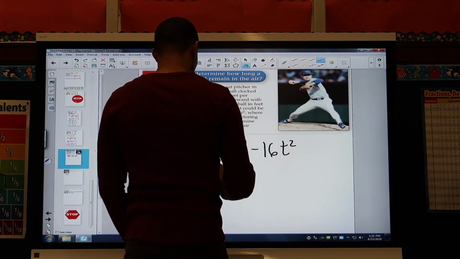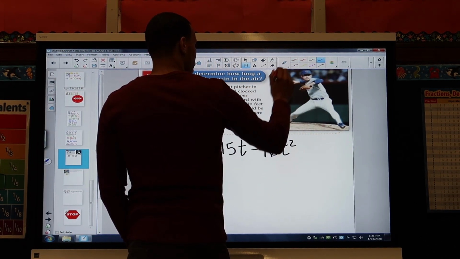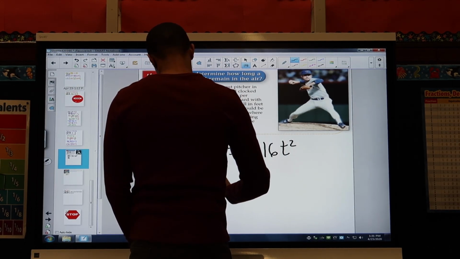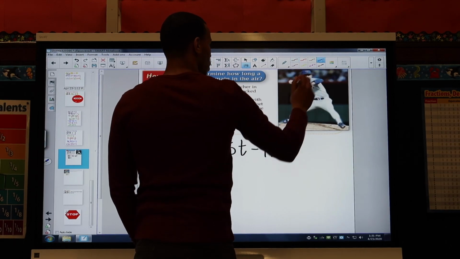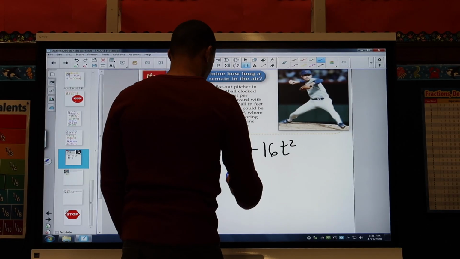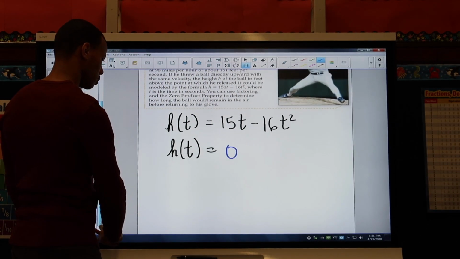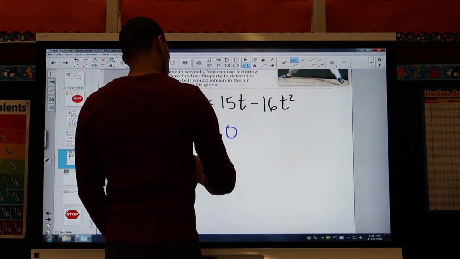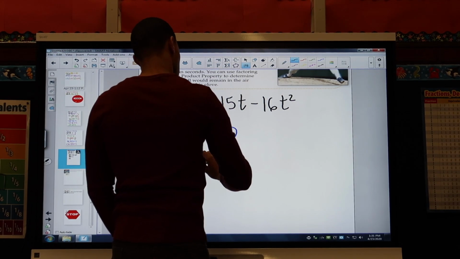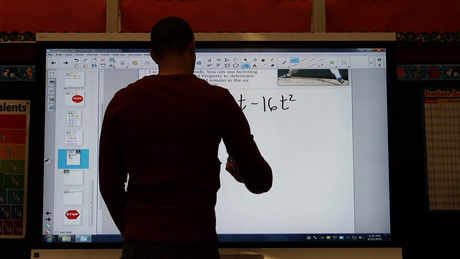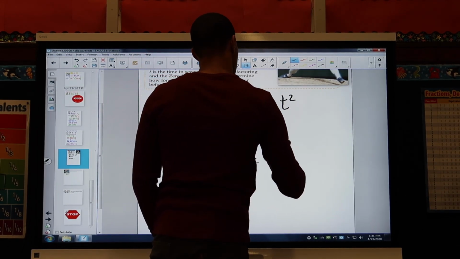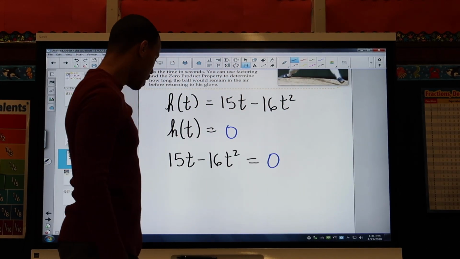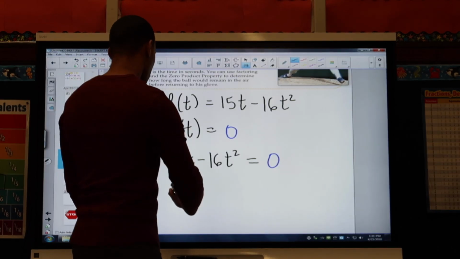So now I know that h of t has to be equal to 0, right? We have that 15t minus 16t squared is equal to 0. Now, I'm going to factor out t.